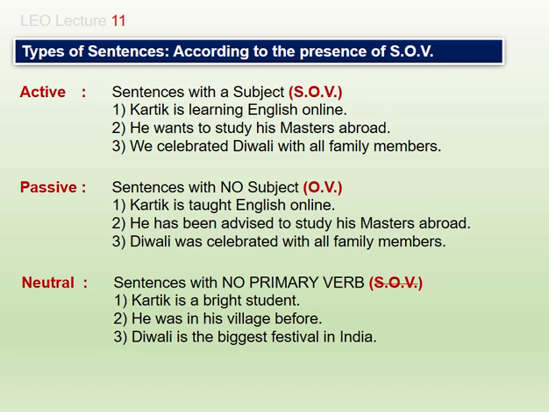There can be hundreds and thousands of such sentences: I am a student, there are so many members in my family, India is a big country, also indicating locations. These kinds of sentences are considered neutral. And why are they neutral? Because there is no primary verb, and if we have no verb, then we can't have subject or object, because subject and object depend on the verb itself.